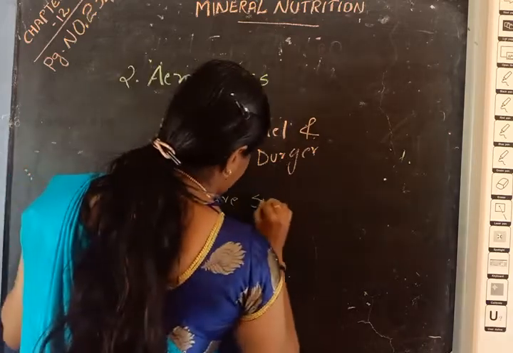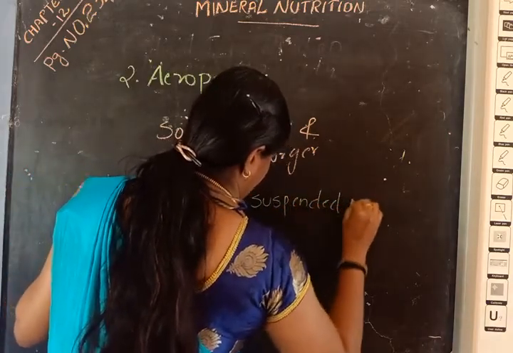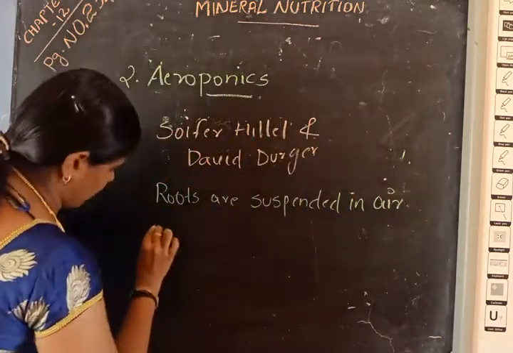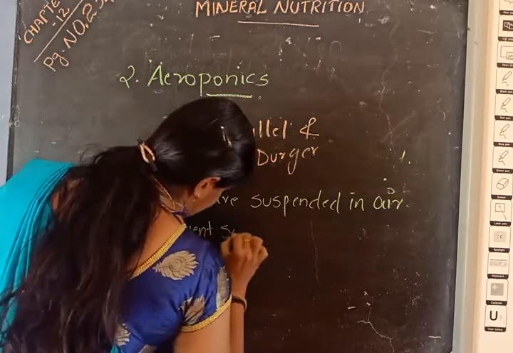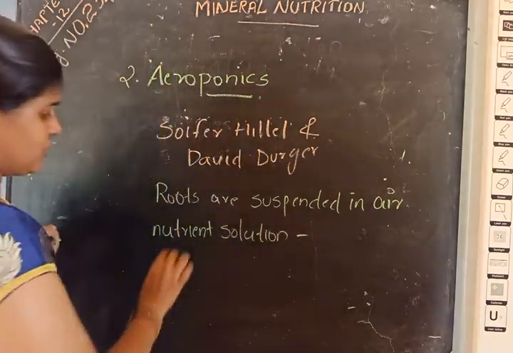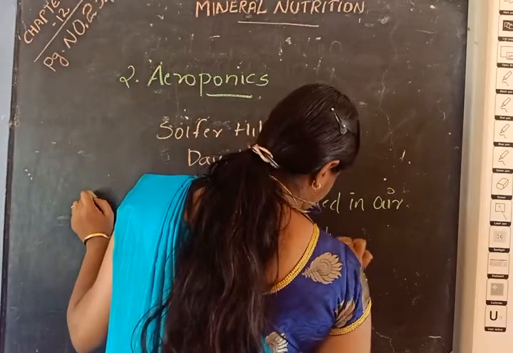Roots are suspended in air and the nutrient solution is given with the help of a motor.